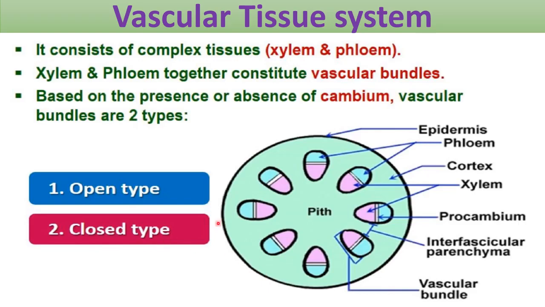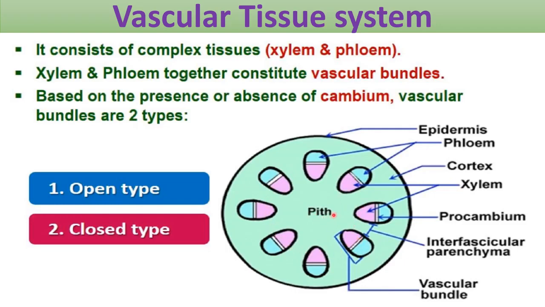Okay. Now in this diagram you can also understand the location of different types of tissue systems. Okay, this is outermost, you can see here this epidermis, so it is making the epidermal tissue system. After that you can see here this is the cortex part. So all the layers present here are part of the ground tissue system, and on the innermost part here these are vascular bundles, so these are part of the vascular tissue system.